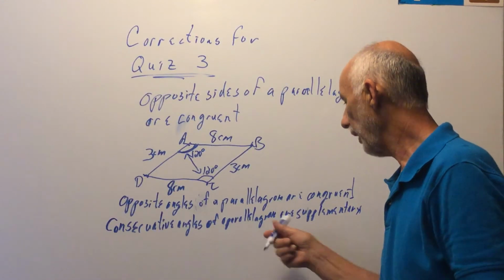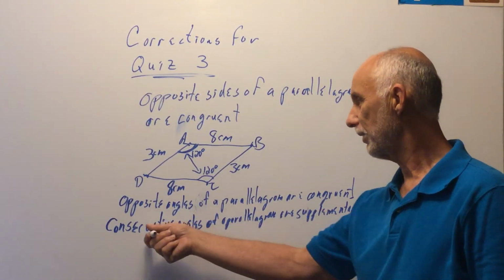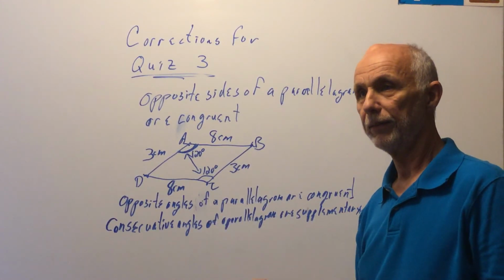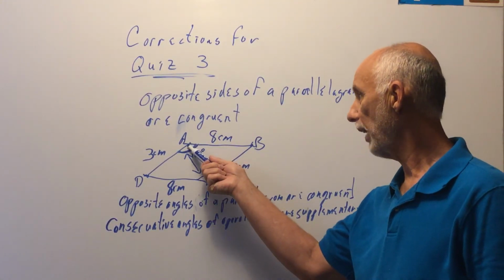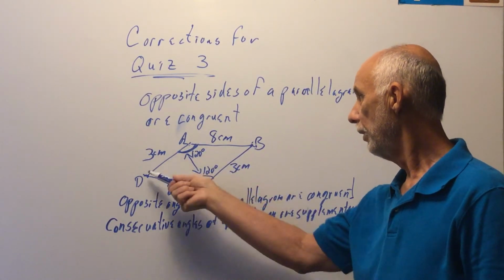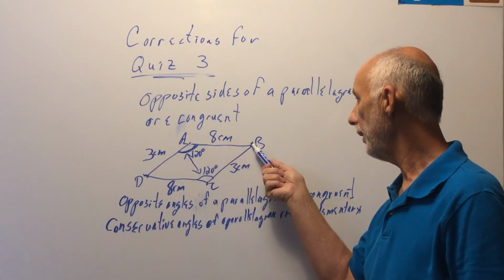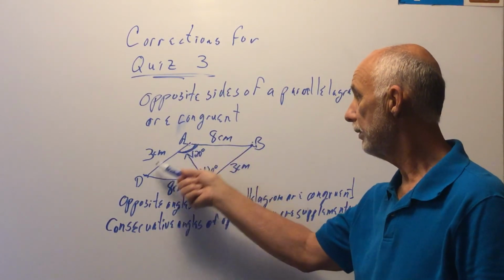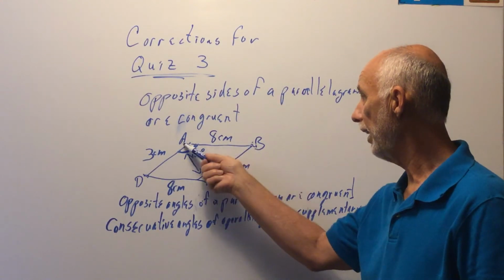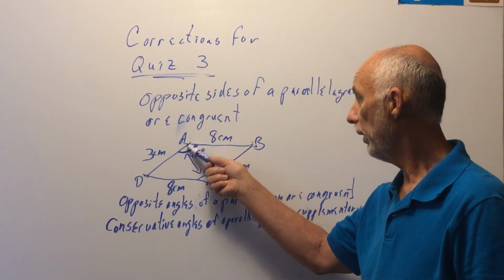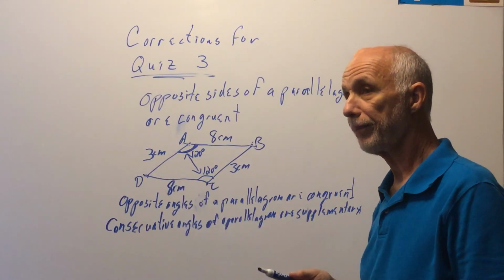You say, okay, I get supplementary, but what does consecutive mean? Well, consecutive means one after the other. So if I wanted to know what's consecutive to A, it's what comes after it as you go around. So consecutive to A would be B, or consecutive to A would be D, because those are the two that come after A. Going to the right after A is B, going down after A is D.